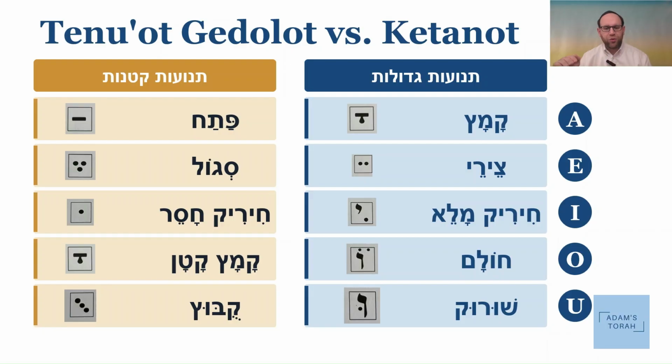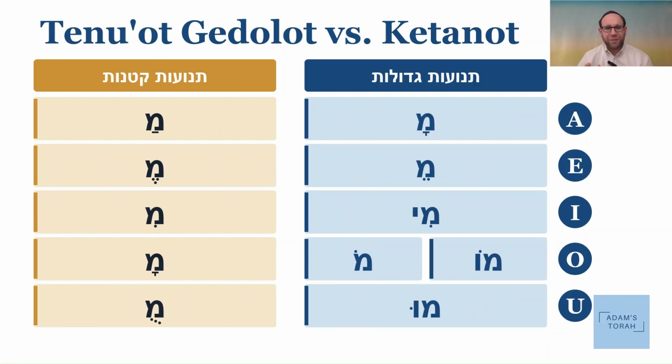And finally, the shuruk, which is the dot in the vav, that's the u sound, that's a Tenu'ah Gedolah. And a kubutz, the three diagonal dots, is a Tenu'ah Ketanah. What I would recommend is this slide, take a screenshot, print it out, and memorize it. Because for our next lesson, we're going to need to know which category each vowel falls under.